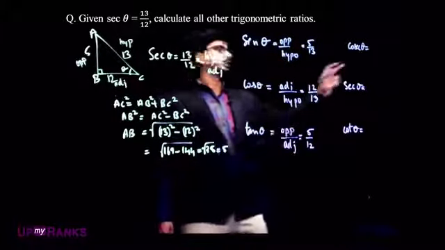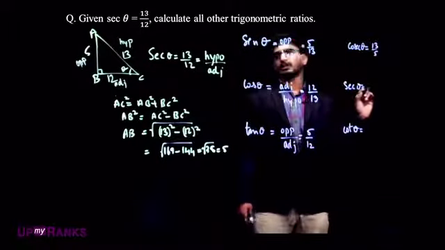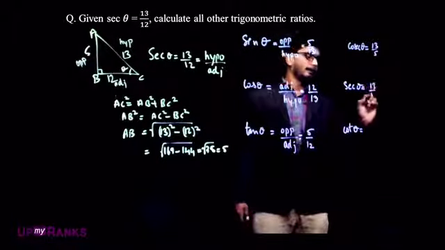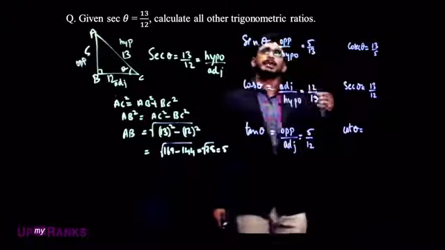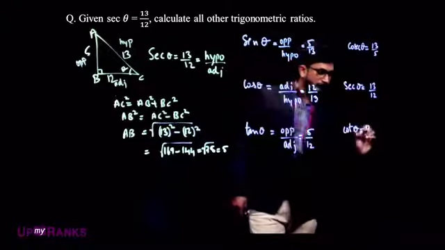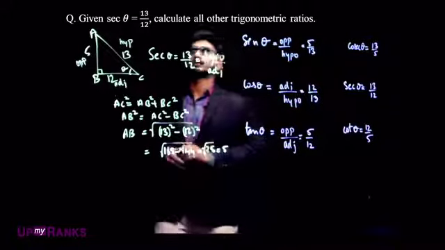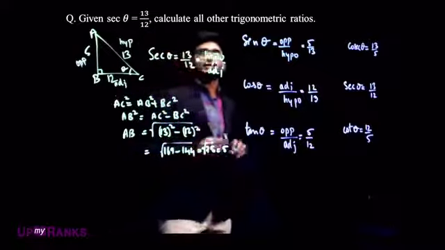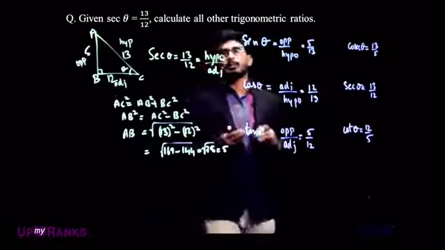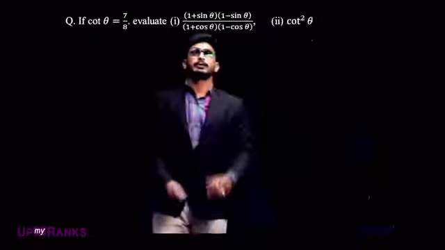Then we have cosecant, which is the reciprocal of sine, 13 by 5. Secant is already given in the equation. So cot, which is the reciprocal of tan, is 12 by 5. Is this clear, children? It's very easy if you remember the trigonometrical ratios. Let's move on to the next question.